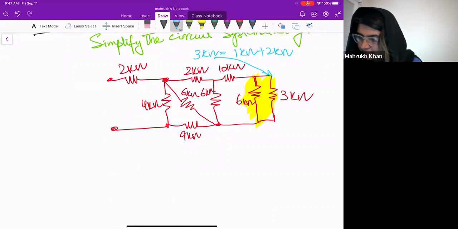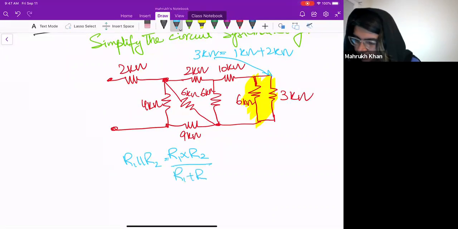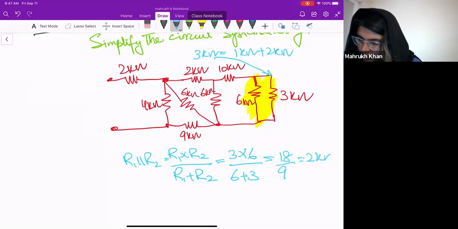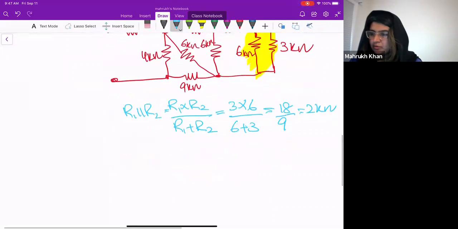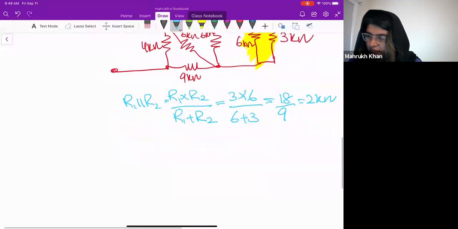We know when resistors are in parallel, let's say R1 and R2, we can use this formula. So these two are in parallel, I can do this. This is 2 kilo ohms, and I can draw this like that.